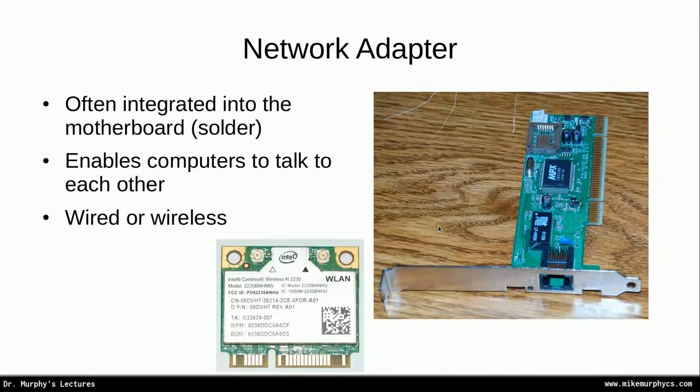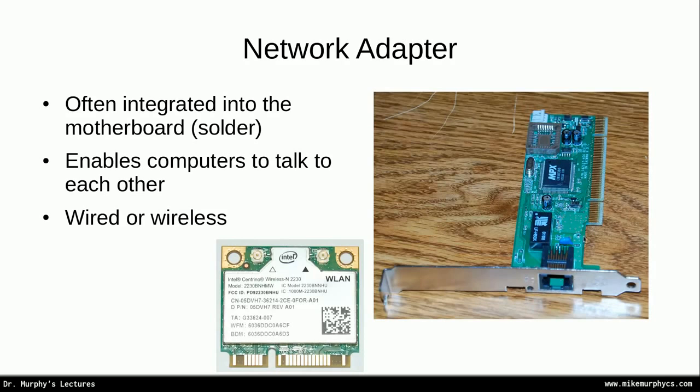Another add-in card that's fairly common is a network adapter. Network adapters come in wired and wireless varieties, and they basically enable computers to talk to each other. Many times these days a wired network adapter is actually going to be integrated into the motherboard, so it's a chip soldered onto the motherboard. But there are wired network adapters that are available as cards, like this PCI card I have here.